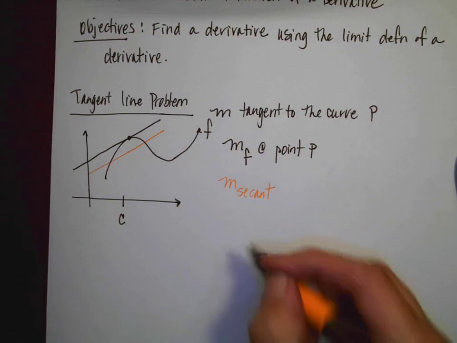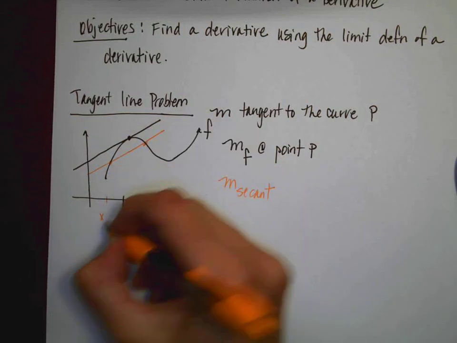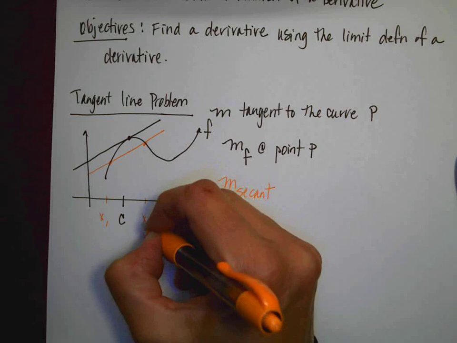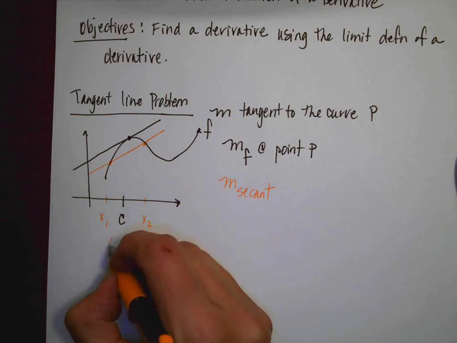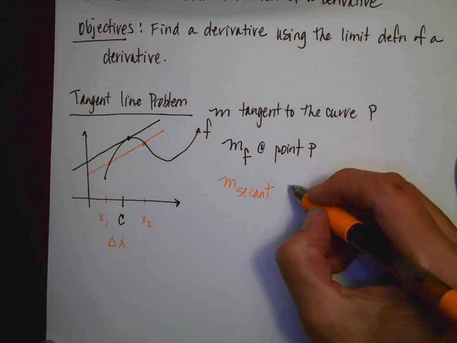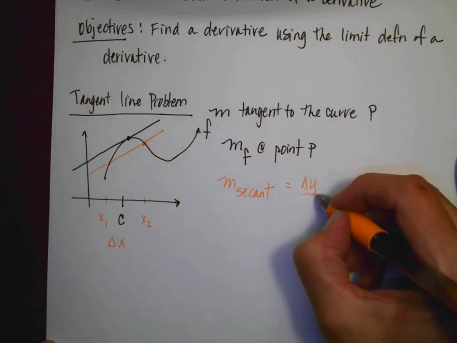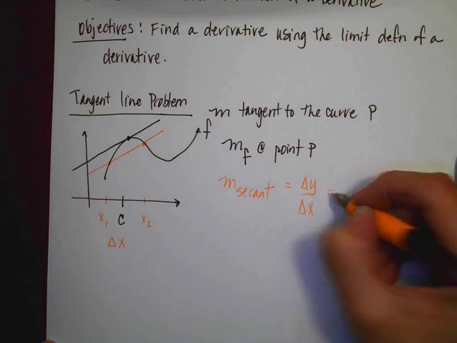And then what we did is, if this is x1 and this is x2, and the difference is delta x, then we said the slope is the change in y over the change in x.